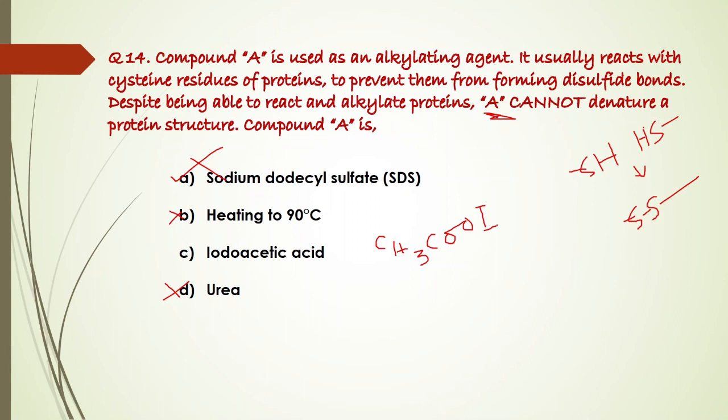It just prevents the formation of disulfide bonds. So it has the ability to alkylate the proteins and prevent SS bond formation, but it will not necessarily lead to the denaturation of the protein. So our correct option in this case was option C.